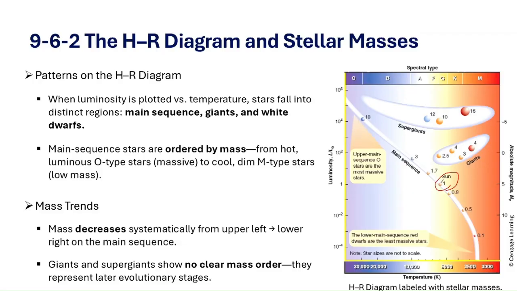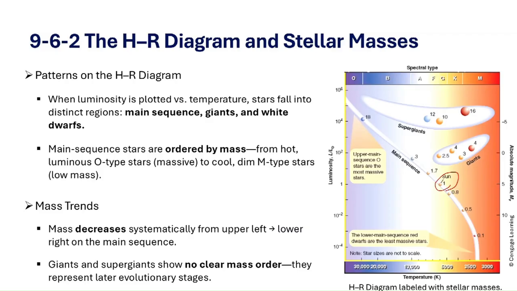And giants and supergiants are scattered above the main sequence, and white dwarfs are found below. So pay attention to the mass labels along the main sequence. The trend is clear. Mass decreases from the top left to the bottom right. Giants and supergiants, however, do not follow a specific order. Also remember that the relative sizes of the stars on the diagram are not to scale.